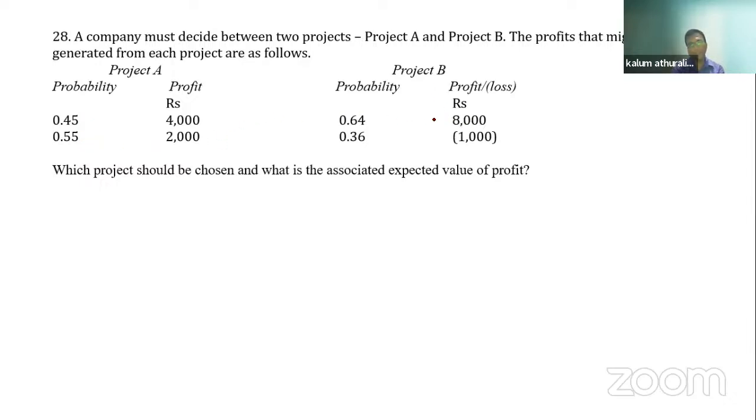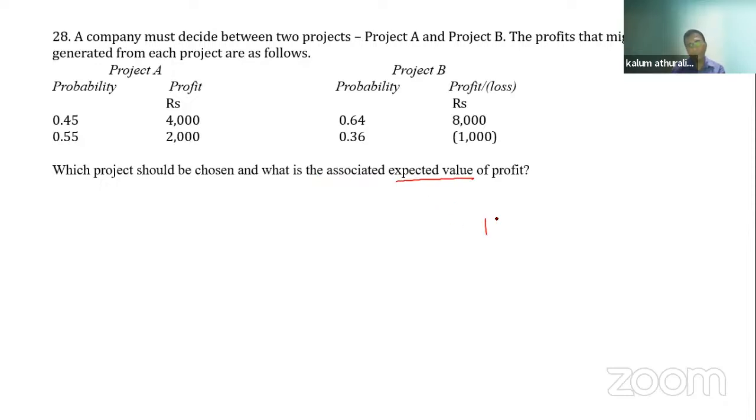Project B: 8,000 profit, probability 64%; 1,000 loss, probability 36%. Which project should be chosen and what is the associated expected value of the profit?